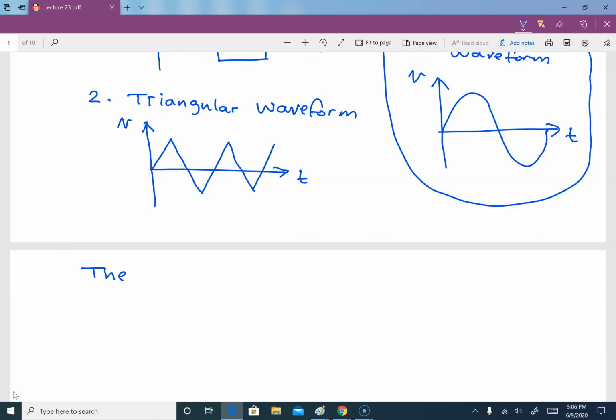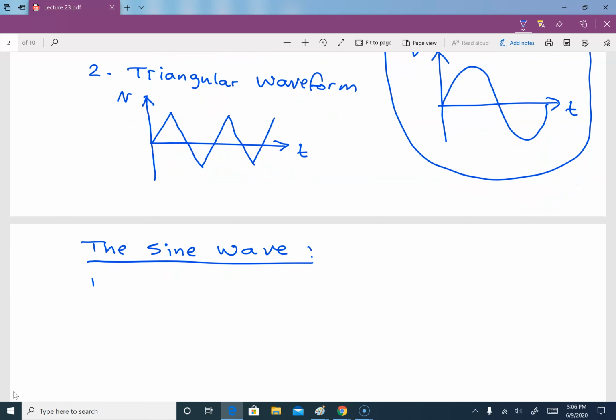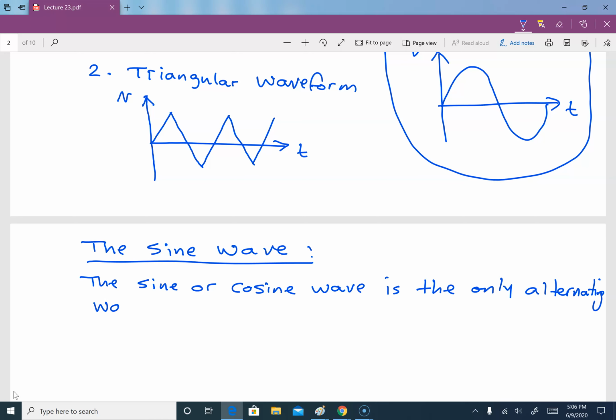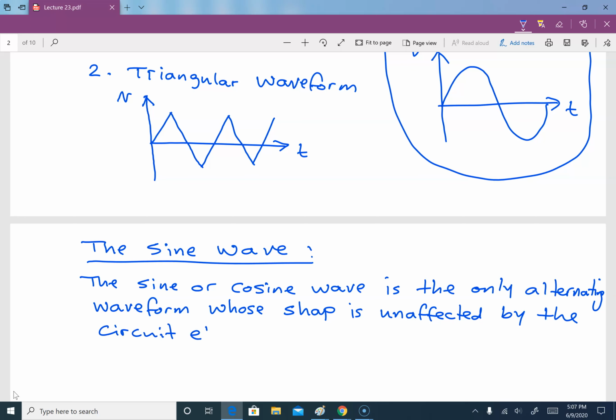So we can say that the sine, or let's say cosine, wave is the only alternating waveform whose shape is unaffected by the circuit elements.